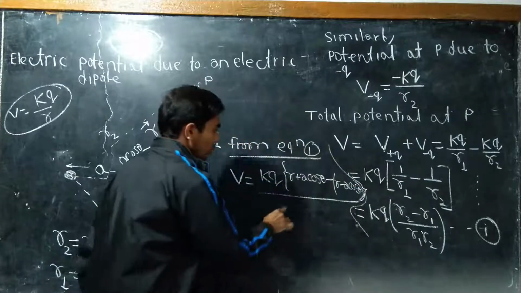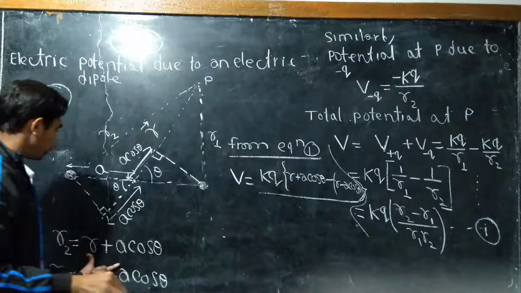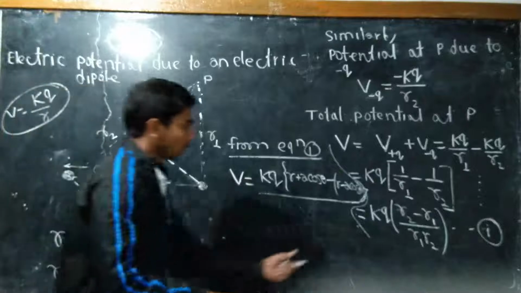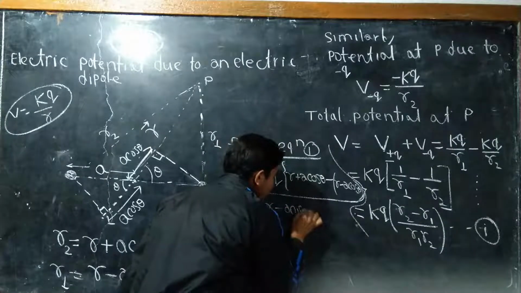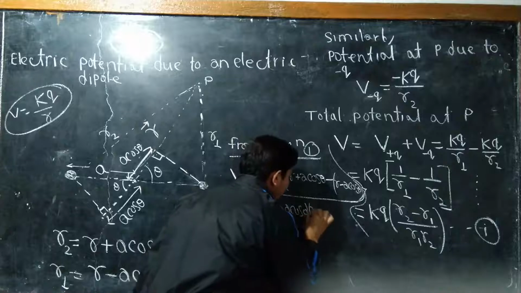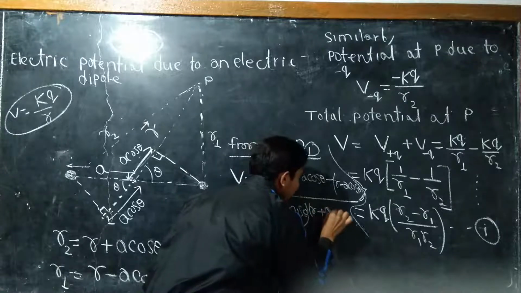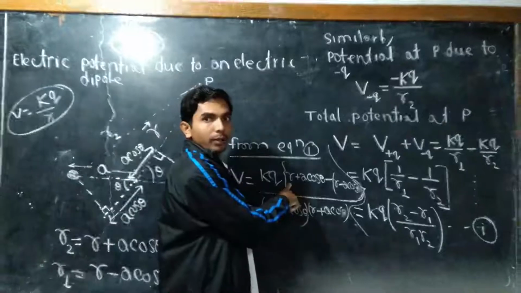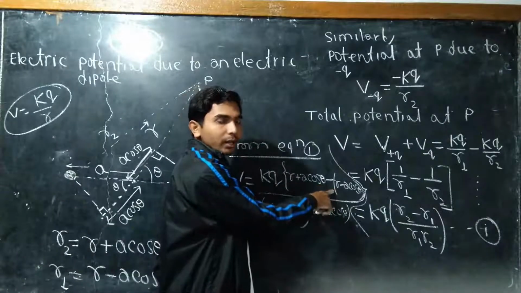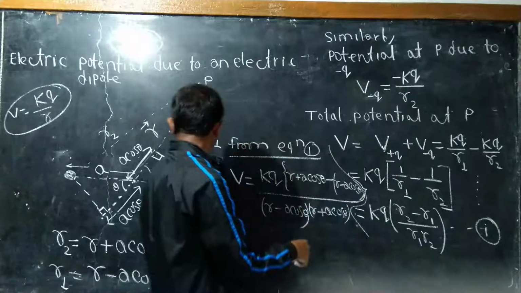And in the denominator, R1 into R2: R minus A cos theta and similarly R plus A cos theta. Now you can see here plus R, if you open the bracket, this becomes minus R.